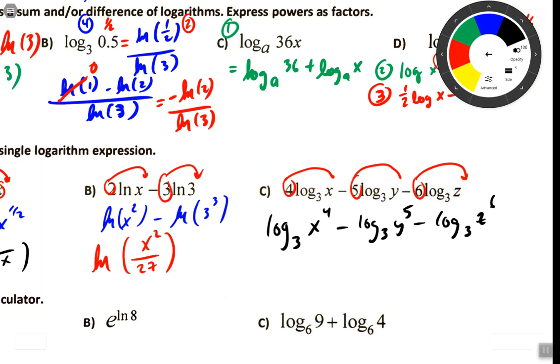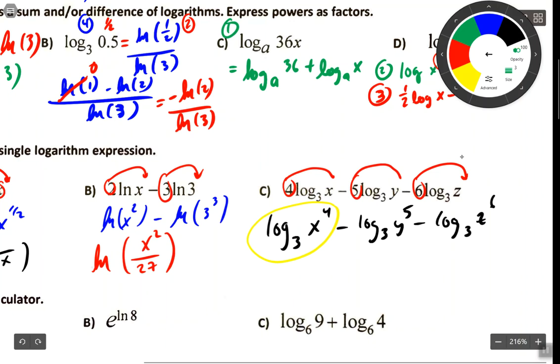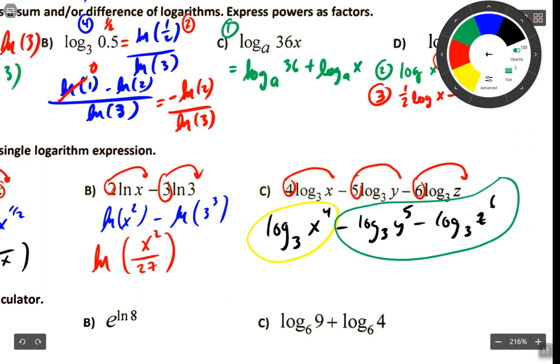And what happens if I have a difference? Property 1 or 2? 2. Now, I need y'all to listen. There are 2 minuses and 1 that's positive. That means this is on top, and it means that these are both in the denominator. They're both minus, they both go in the denominator.